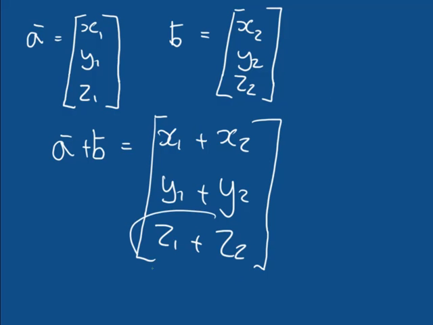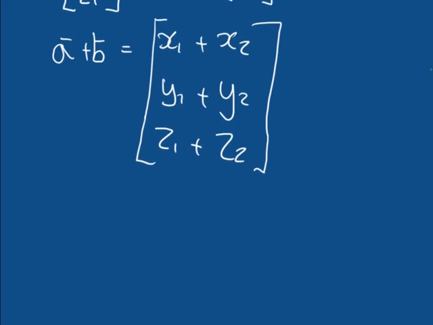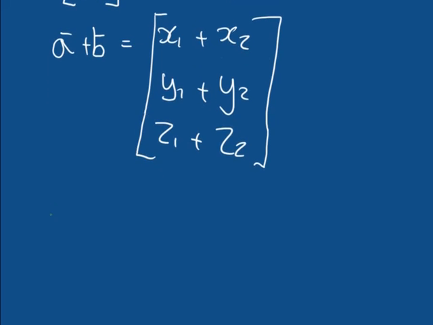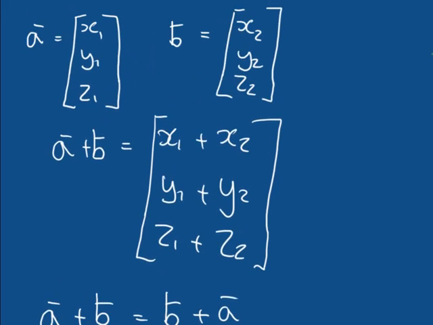So this is the new little bit of theory for 3D, but it's a very simple extension of our 2D case. And just like our 2D case, vector addition is commutative, which means that A plus B is equal to B plus A.